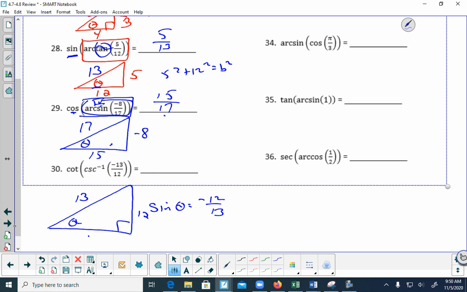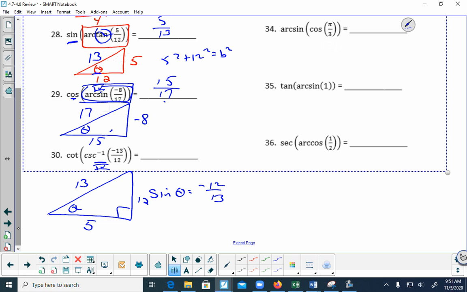Doing Pythagorean theorem, I'm going to find out that this missing side is 5. Again, this is coming from the fourth quadrant. And now when I go to do the cotangent, it is the adjacent over the opposite. So that's going to be 5 over 12.